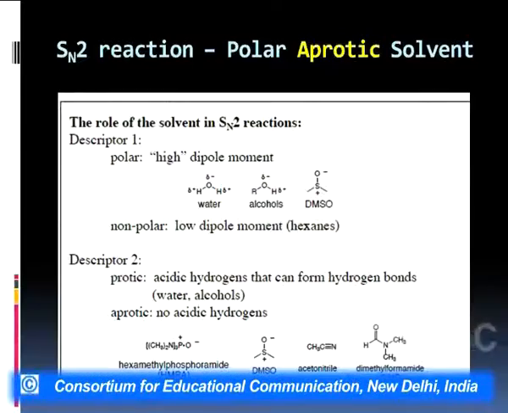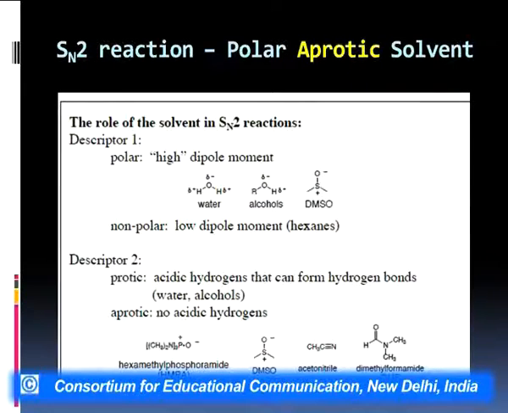But now if we switch over the solvent to an aprotic solvent, in SN2 reactions also we need to consider the solvent. We face two types of solvents.